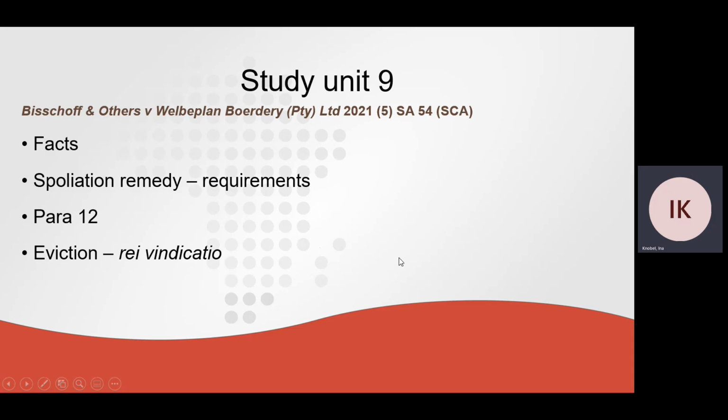All of those statutes are discussed briefly in Study Unit 6, but later on in the study guide you can read more about them. But always keep in mind that when an owner wants to evict persons who are occupying land unlawfully, the correct eviction procedure must be followed.